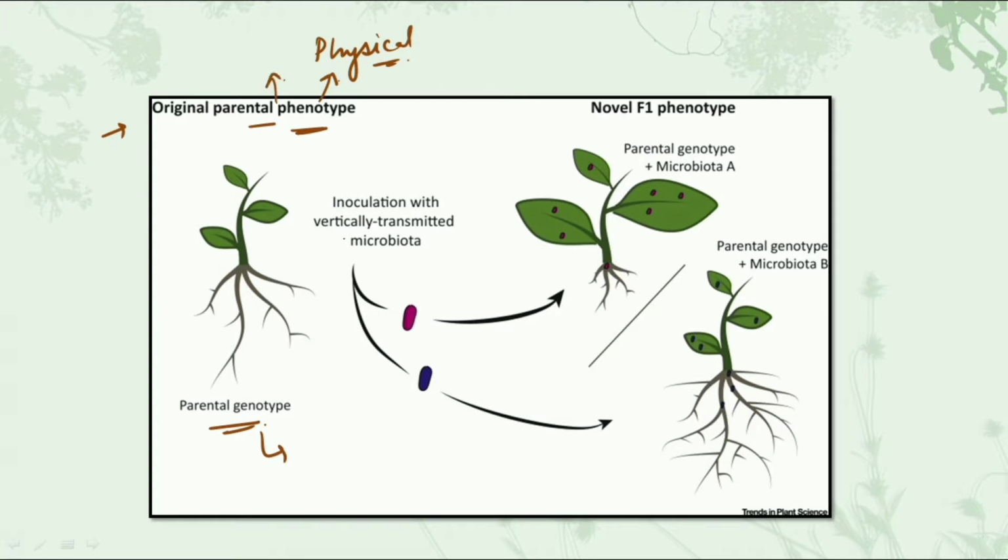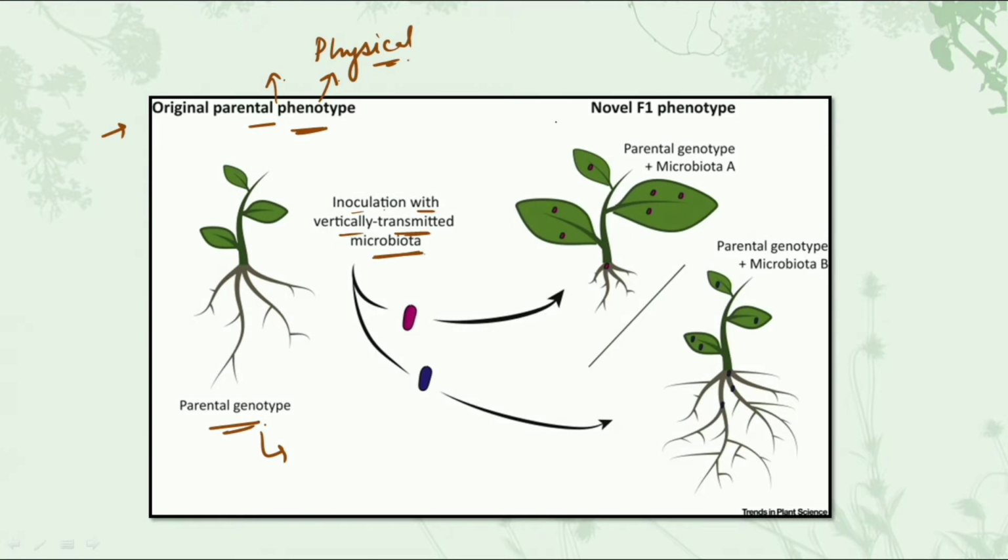In this, we are inoculating it with vertically transmitted microbiota. Do not worry about what it is. Just understand that we are trying to insert some kind of vertically transmitted microbiota into the particular plant we are targeting.